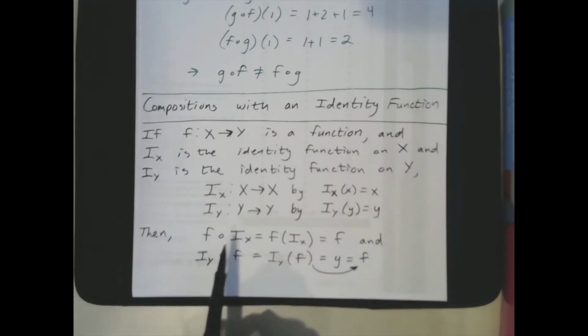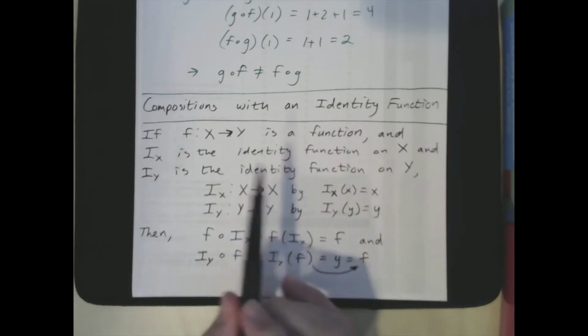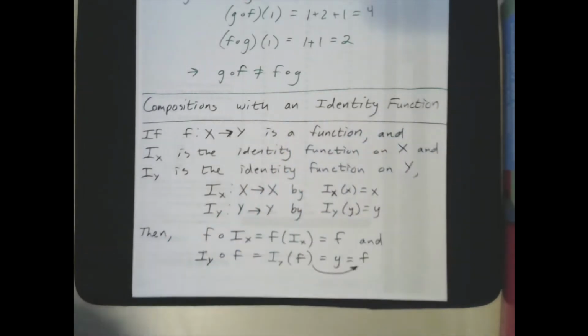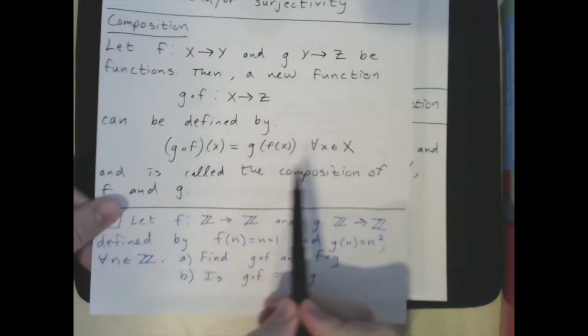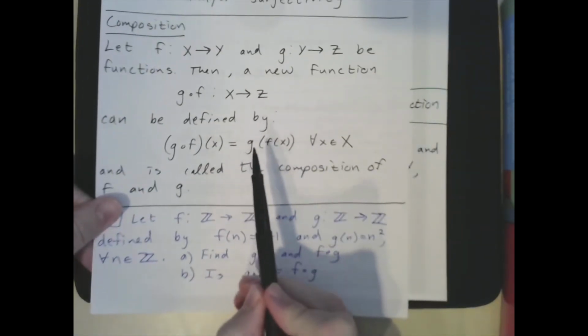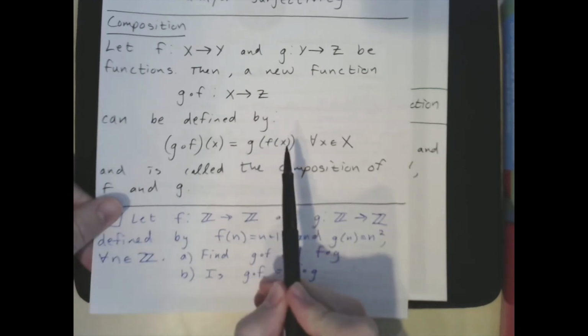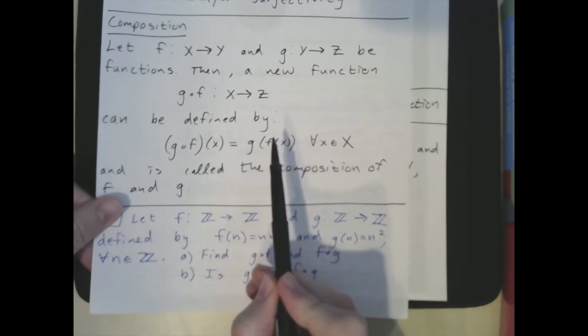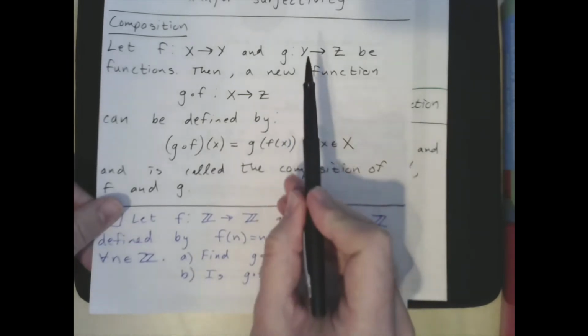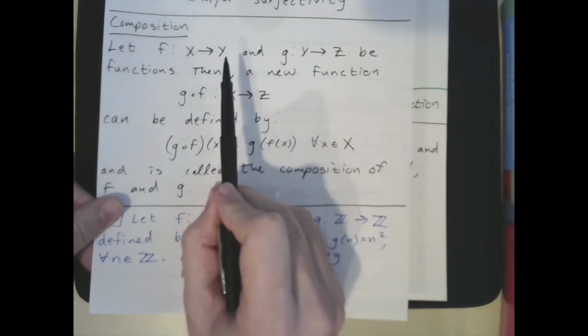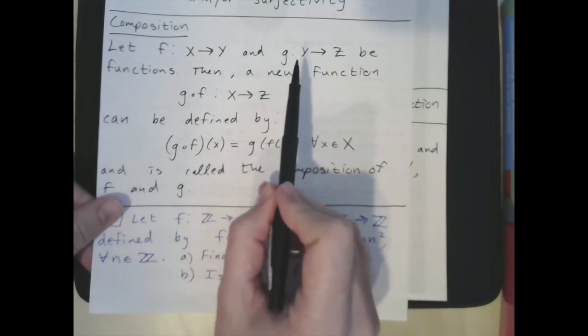One thing we do need to key in on is the order. We have to make sure when we compose, since we know that, where's our composition page? From our definition, the way we compose things, when you compose, your codomain of your inner function needs to be a subset or equal to the domain of the outer function.